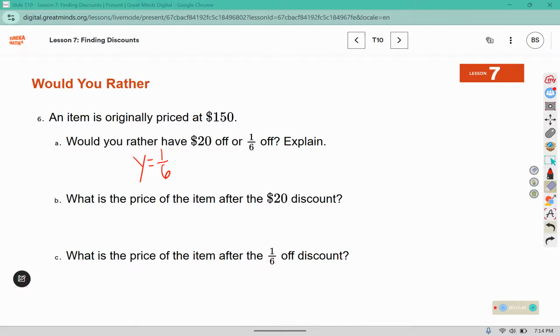X is the whole, or the original, which is 150. So 1 times 150 is 150 over 6. And then we can divide 150 by 6, which is 25. So would you rather have $20 off or $25 off?